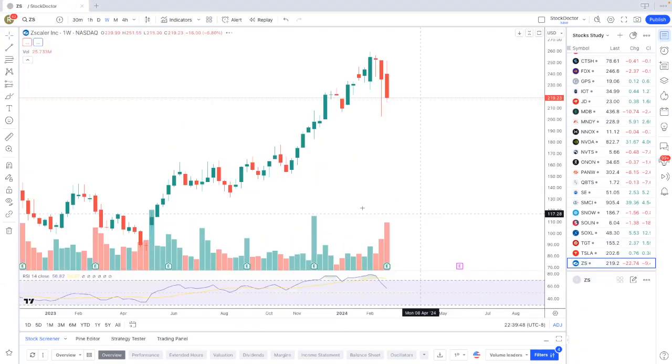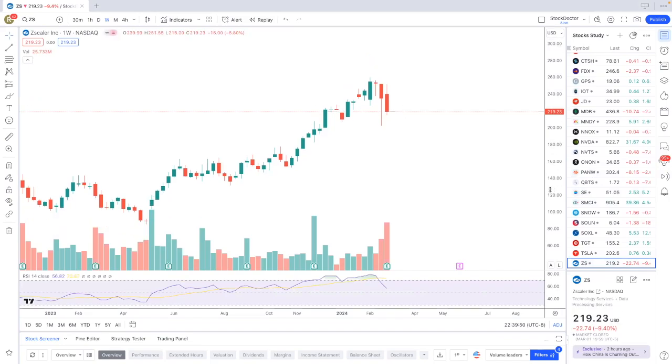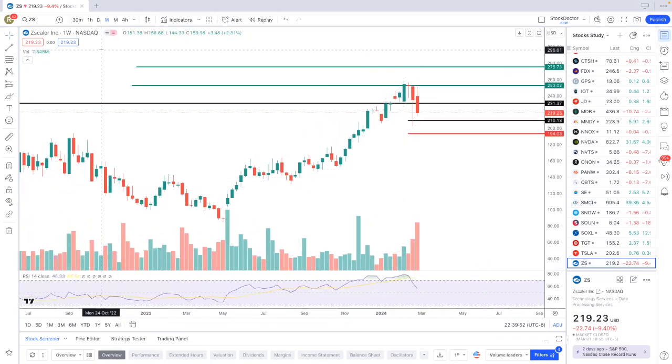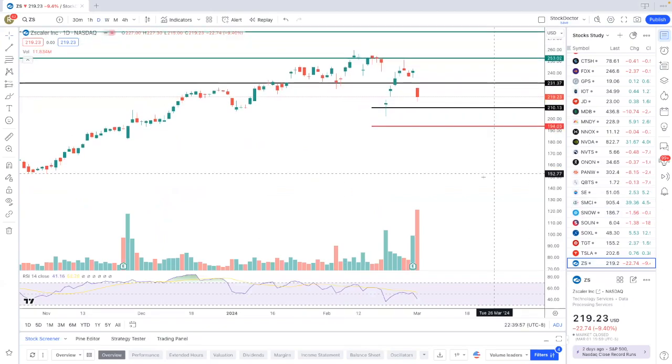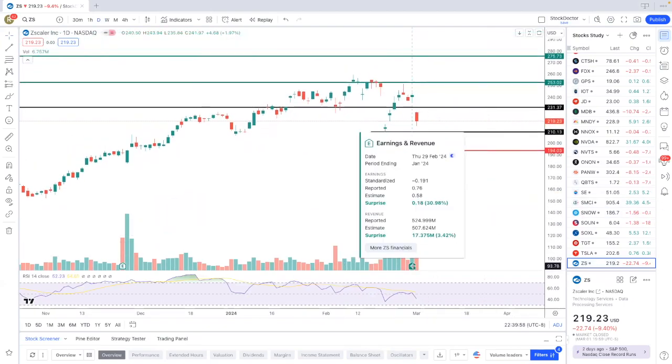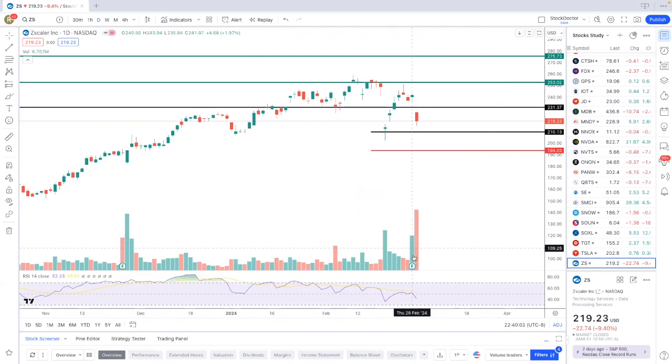The next stock we have is Zscaler. This is the last stock. For Zscaler, you can see we will go on a day chart and it had the earning. After the earning, it went down by 10%. This stock has a very good support around 210.